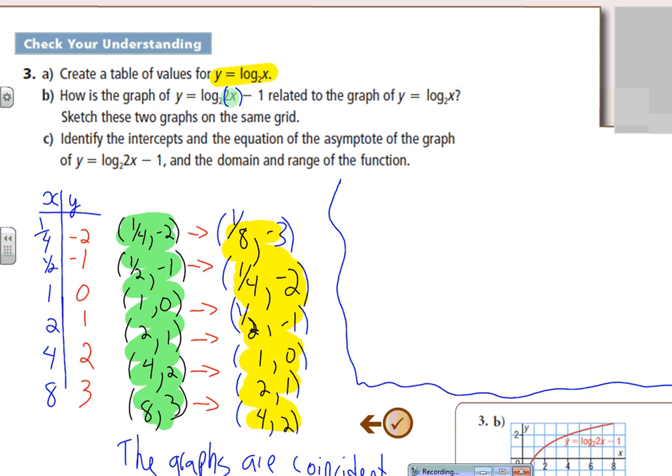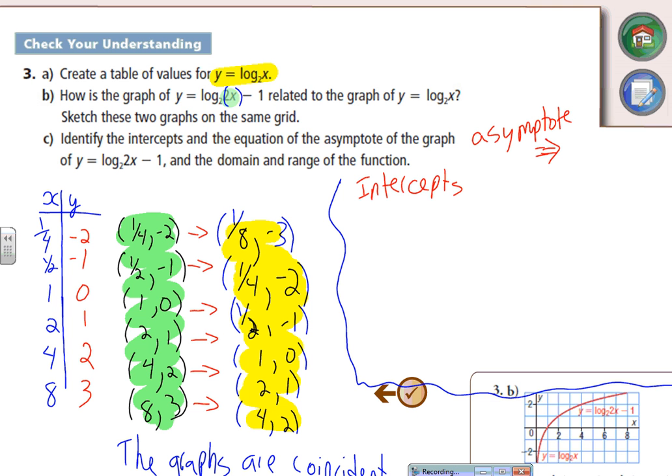But now we need to look at them and say, okay, where's the asymptote? And where are the intercepts? And the domain and range. I'm actually going to do asymptote first. Our asymptote is going to be that y-axis. So right through here, the y-axis, the equation of that is x equals 0. So your asymptote, x equals 0.